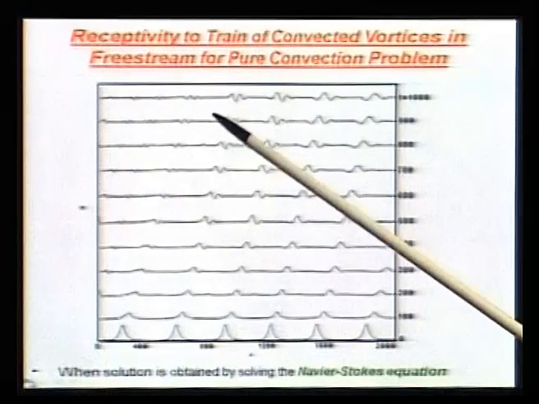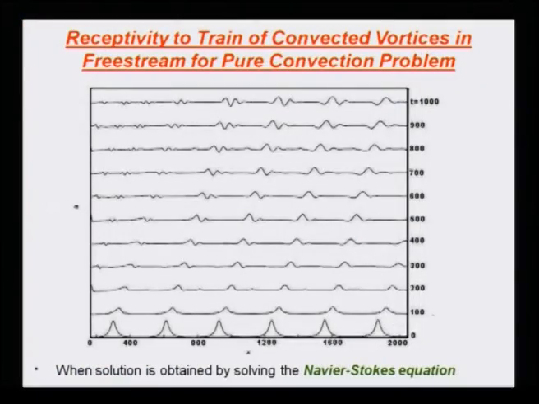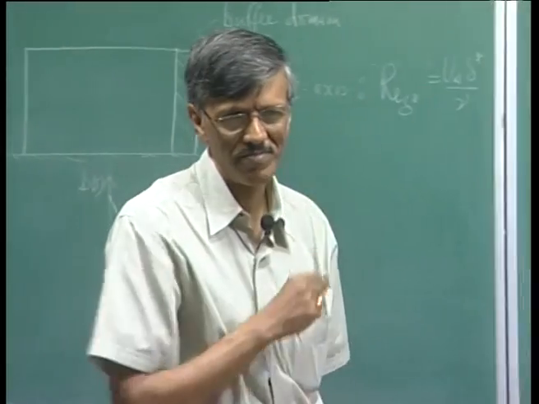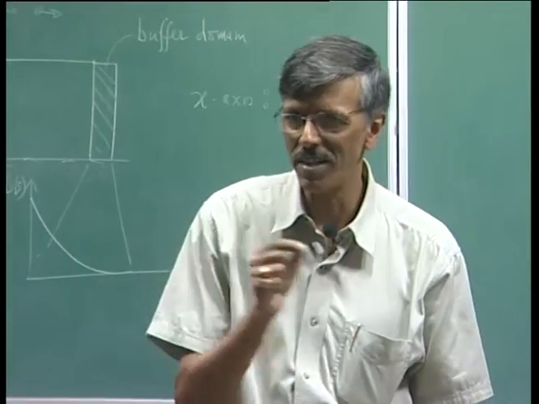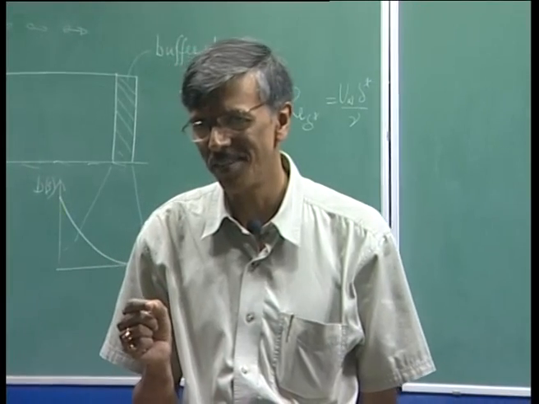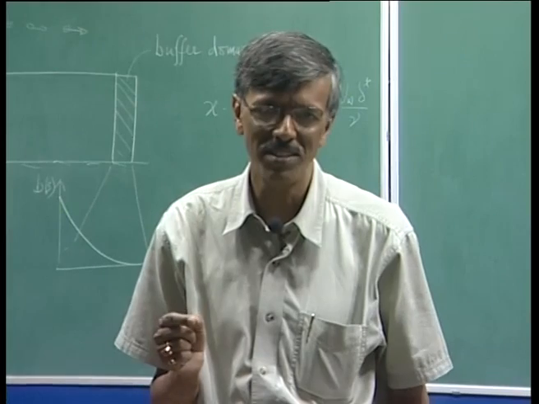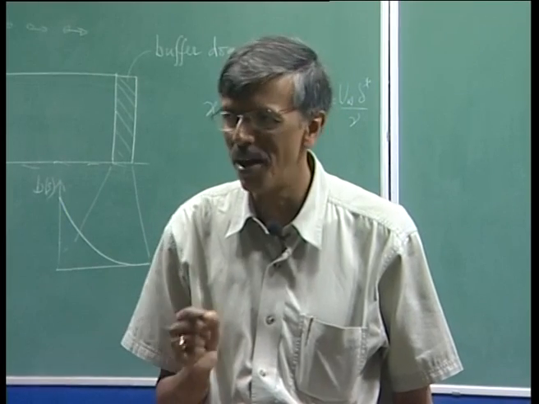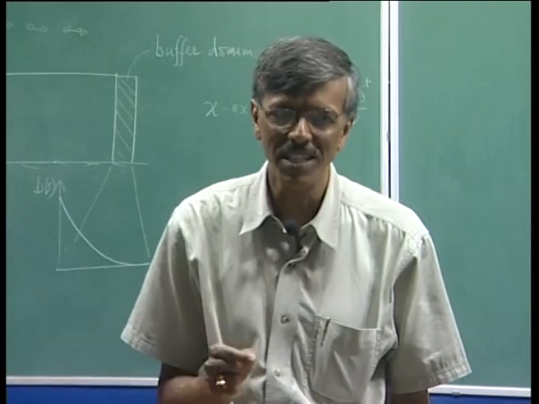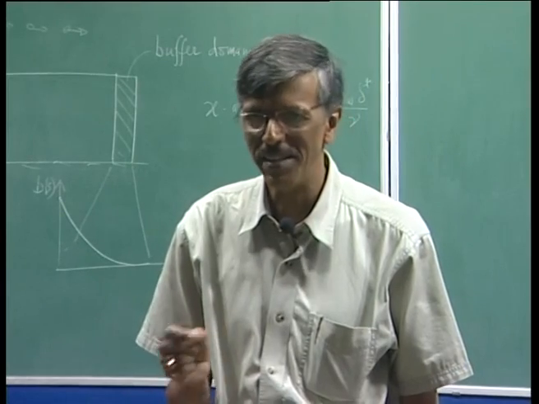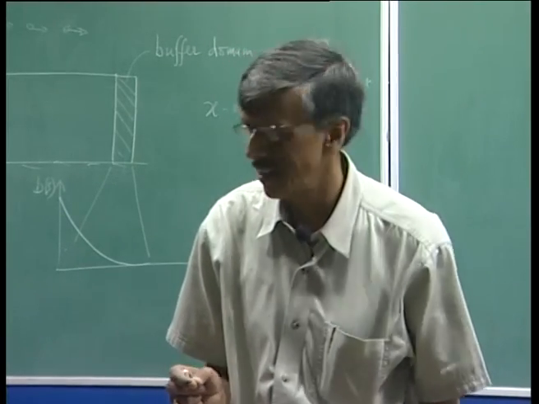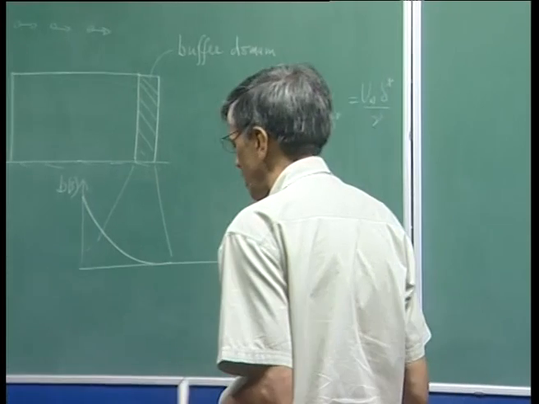The secondary and tertiary peaks are coming up. This is a very interesting thing. You have created a perfectly steady excitation, and what you are seeing is a typically unsteady solution. So, this is one way of creating unsteadiness in a flow by a steady disturbance field. That is one thing you see.